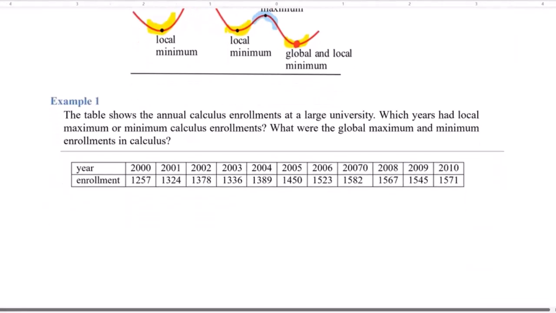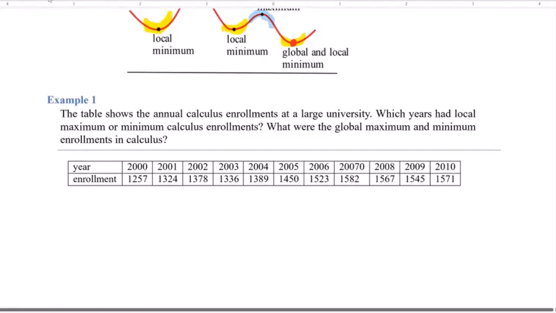So example 1, the table shows the annual calculus enrollments at a large university. Which years had local maximum or minimum calculus enrollments? Okay, so I'm just going to go straight underneath.